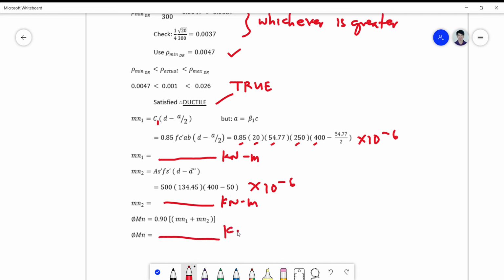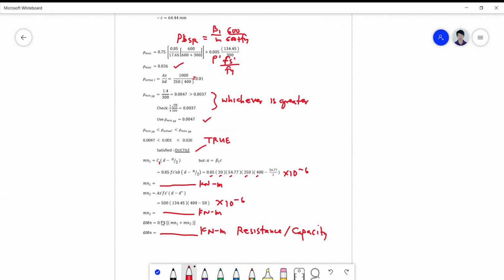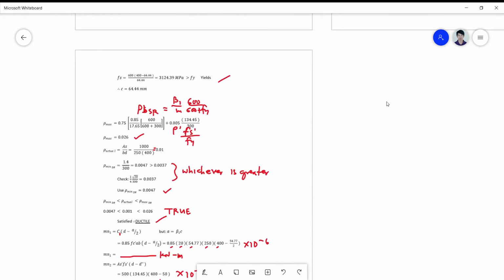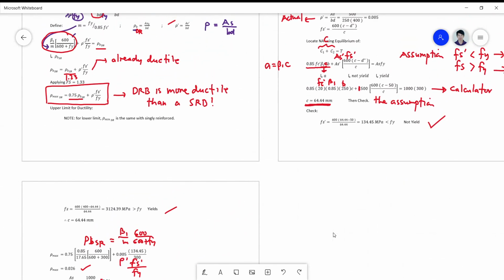You get your final moment resistance or moment capacity, phi Mn. So that's the way to solve the problem for a double reinforced section. Thank you.